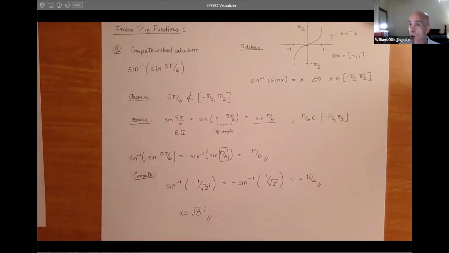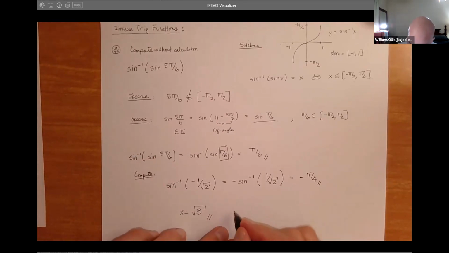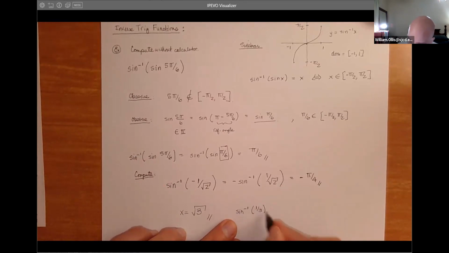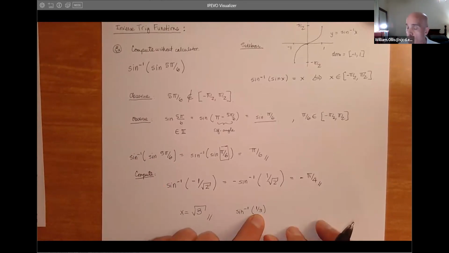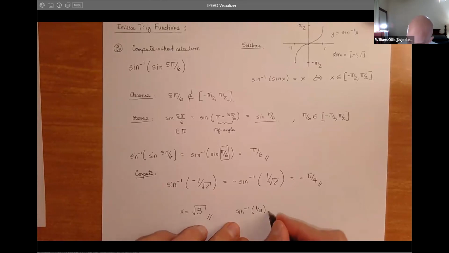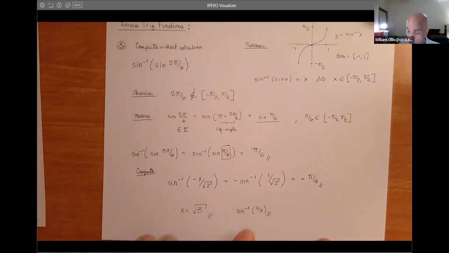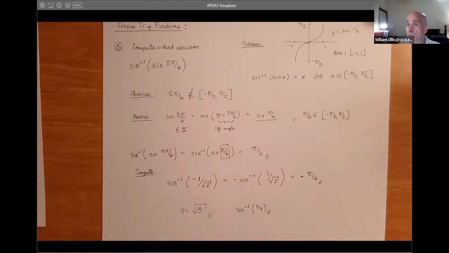We think of the same way with inverse trig functions. For instance, if we had a value that was not on the unit circle, say we had the inverse sine of 1/3, that's not the y coordinate of a terminal point. So we'd stop right there. That's exact. It's defined, but it's not a number that we know.